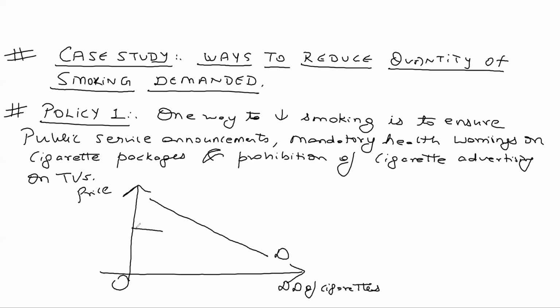So this was the initial demand curve. And you can clearly see that this policy will cause a shift in the demand curve. That means at the same price OP, quantity demanded of cigarettes will fall from OQ to OQ1. We move from point A to point B.